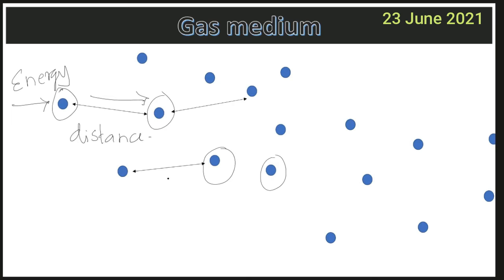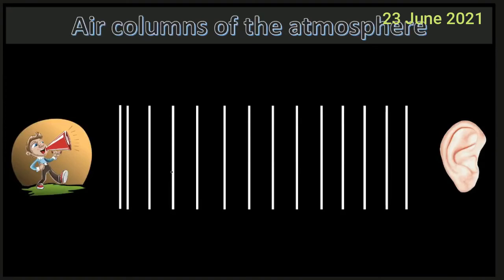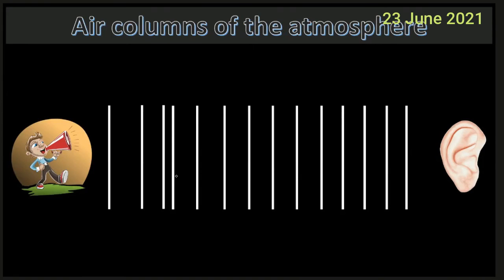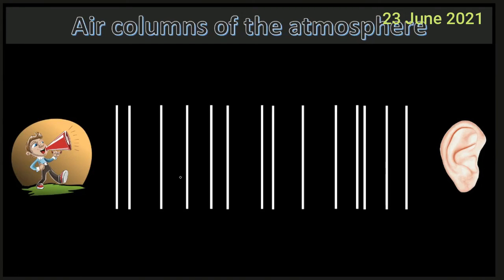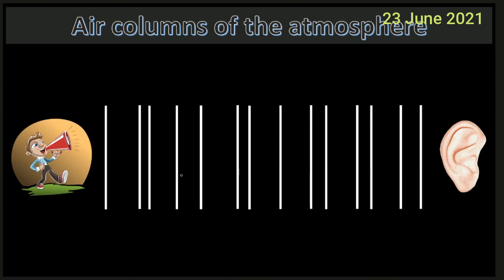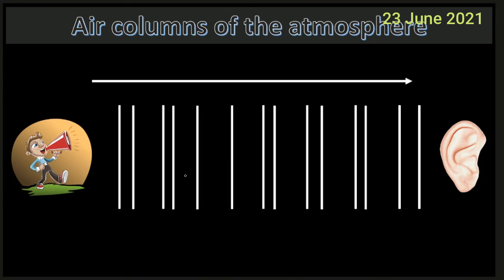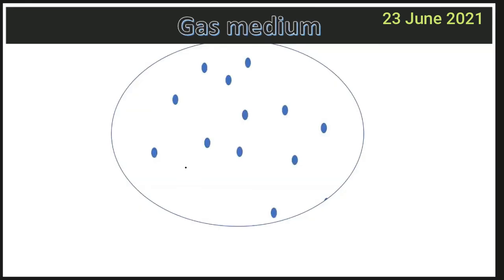So therefore, energy goes a little slow here, right? So it takes some time to transfer, and then it takes a bit of time to reach our ear. So this is about a gas medium.